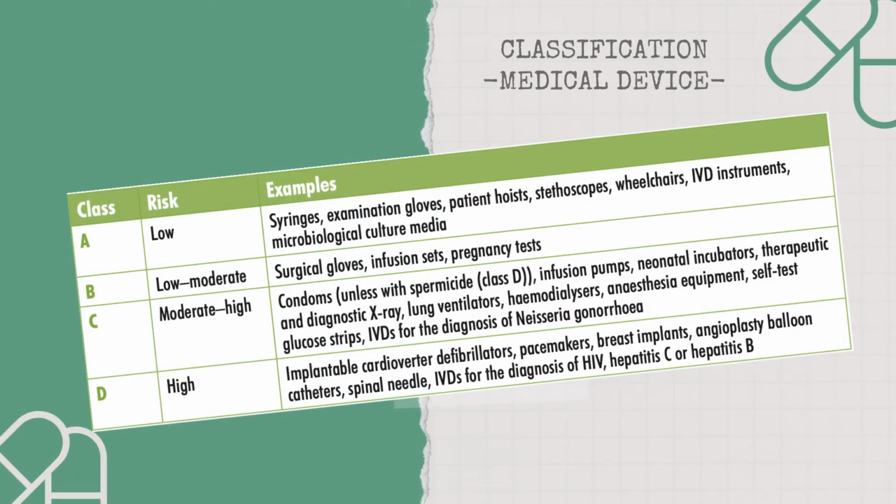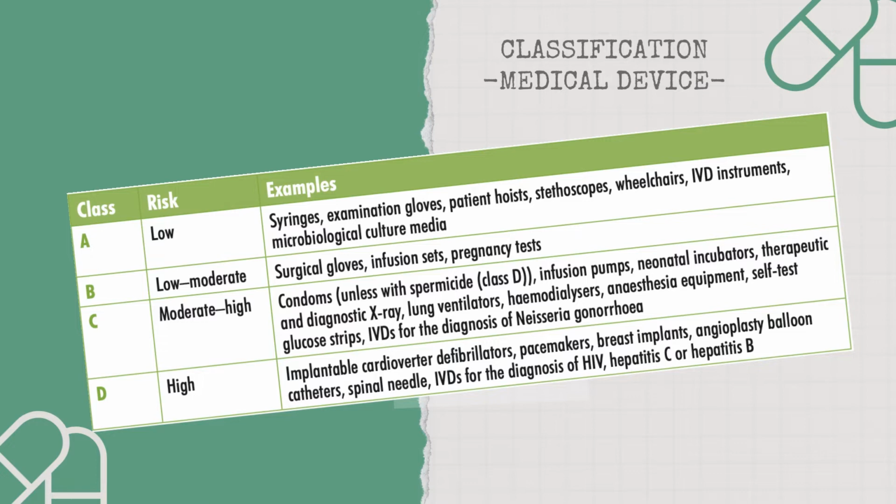It is widely accepted that medical devices are separable into groups or classes, typically four: A, B, C, and D, by applying a set of classification rules and specifying separately the different conformity assessment procedures that should apply to each group of devices.